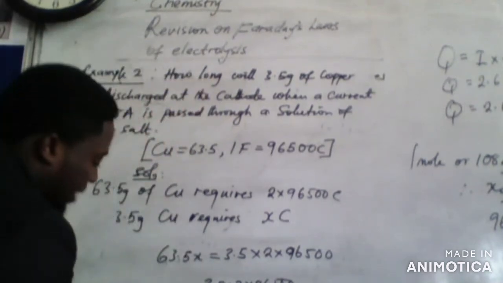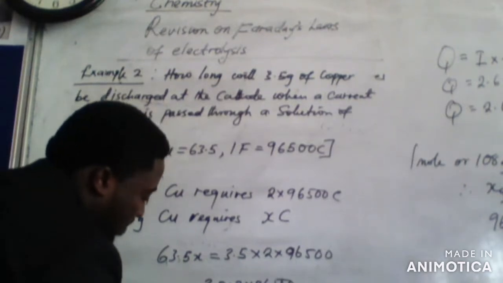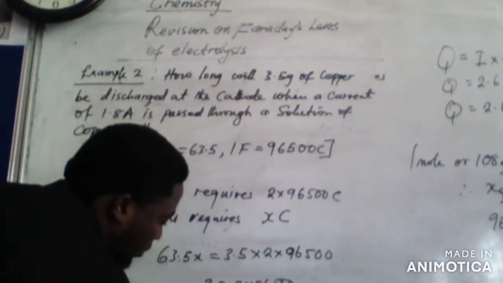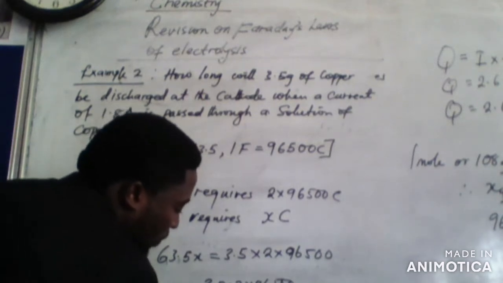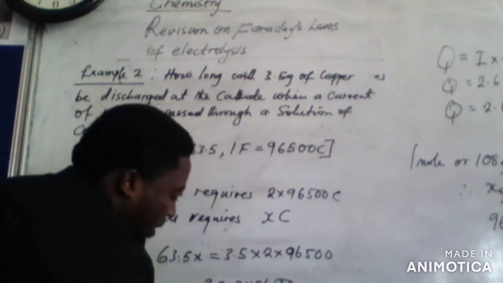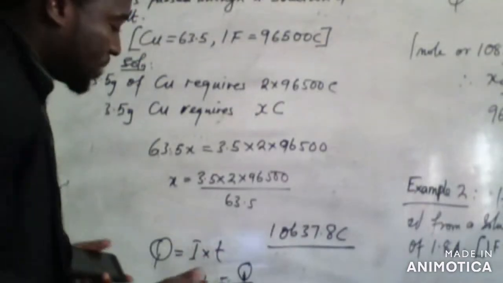And don't forget that Q is equal to current times time. So from here, I would simply make the subject of the formula. So T will be equal to Q over I. That is the quantity of electricity supplied divided by the current. I hope you can see what I'm doing from there.